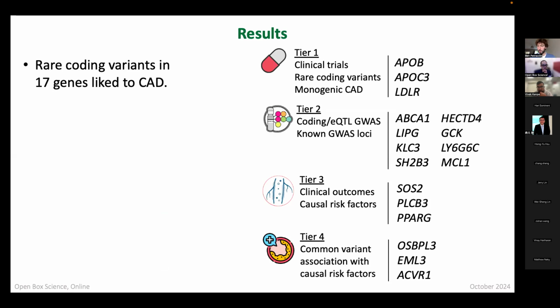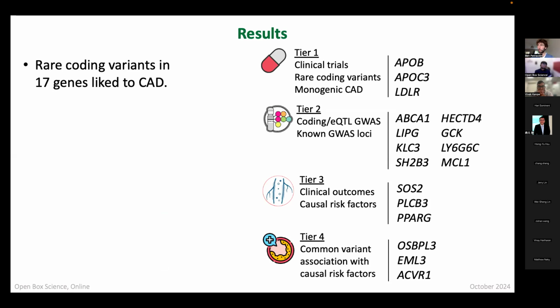So in total, we found 17 genes associated with CAD, regarding variants in 17 genes, because our associations are with ISCAD and not with traditionally diagnosed CAD cases.